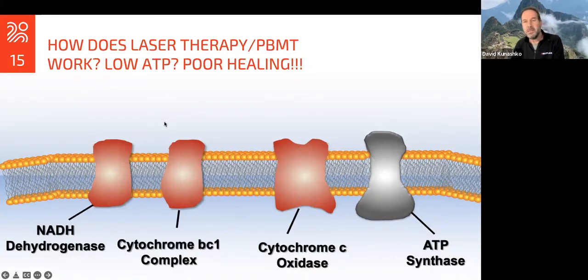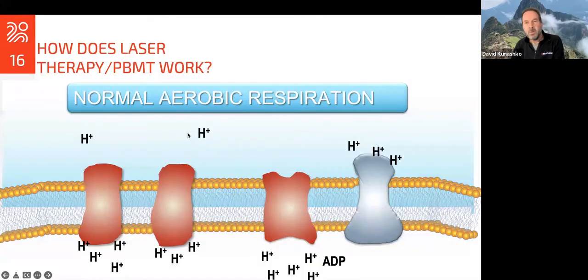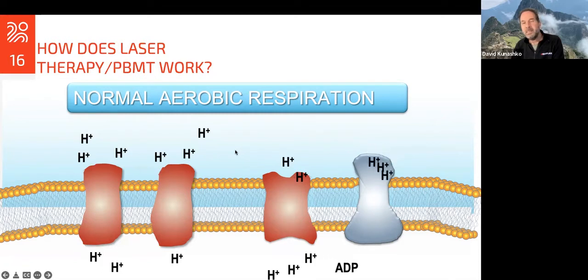This has to do with aerobic respiration along the inner membrane of mitochondria. In normal aerobic respiration, there's a proton gradient pump that passes protons along, and energy is transferred using oxygen, of course, and glucose from the Krebs cycle, and it culminates in the production of ATP, adenosine triphosphate, from ADP by the terminal enzyme ATP synthase.